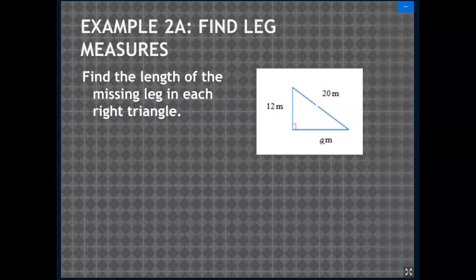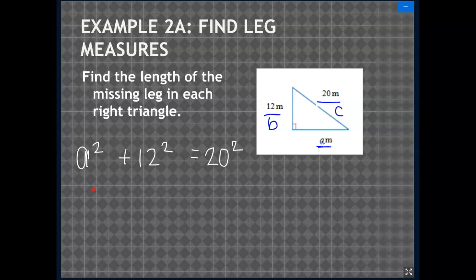Now this next example is a little bit trickier. We're given c, we're given b. What we don't know is a. So we have a squared plus 12 squared equals 20 squared.